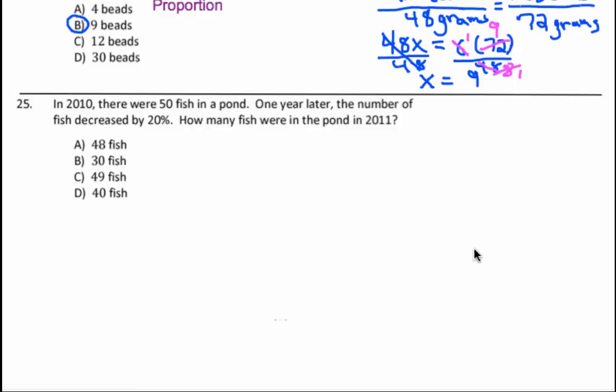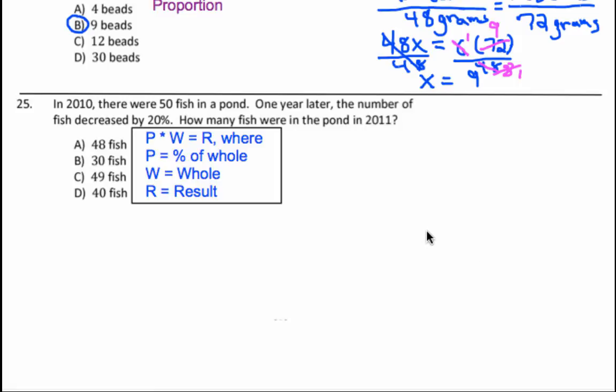So the first thing we do when we have a percent word problem is we power it up. So the formula is P times W equals R. So we power it up, where P is the percent, and it's the percent of the whole, what you start with. So in this case, the whole would be 50. We started with 50 fish in the pond, and the result is what you get after you apply the percent to the whole.